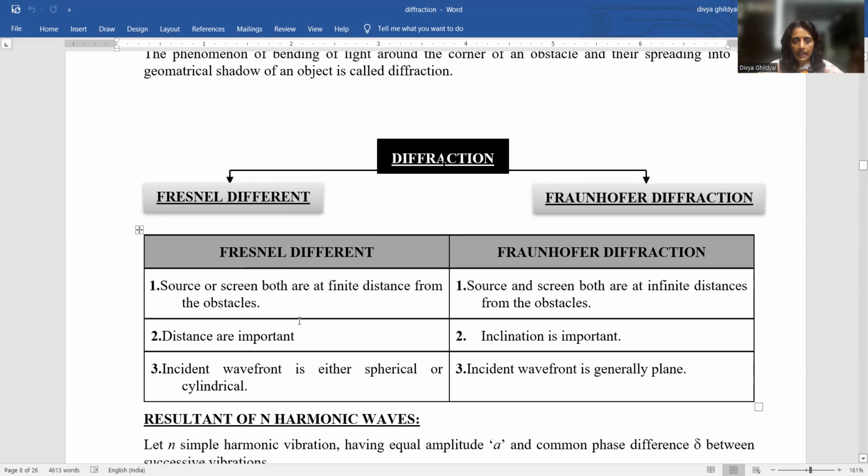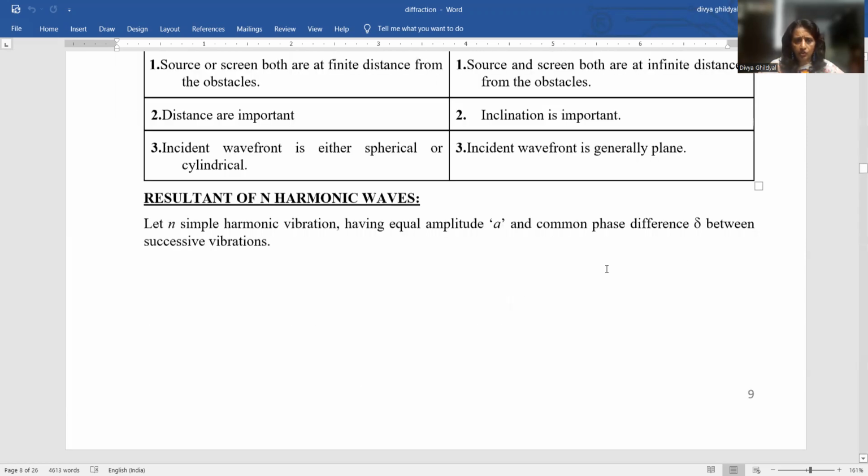In Fresnel class, the distances are important, whereas in Fraunhofer class, the inclinations, that is angle theta, is more important. In Fresnel class, the incident wavefront will be spherical or cylindrical, whereas in Fraunhofer class of diffraction, it is usually plane. It is always not more than a 2-mark question. So one extra has been given to you.